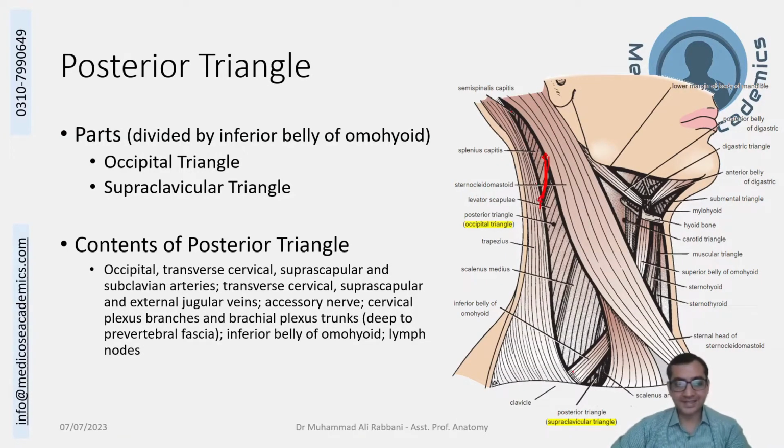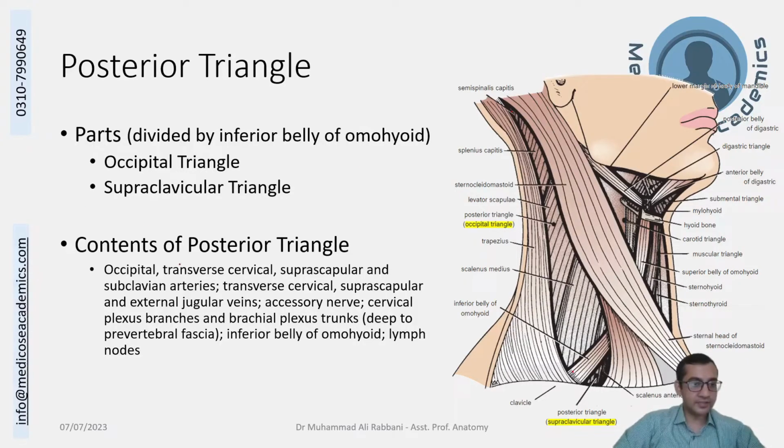That will be the accessory nerve. And of course, in the whole of the posterior triangle, the inferior belly of omohyoid will be one of its contents. Also the deep cervical lymph nodes, the posterior aspect, there will be some nodes on this aspect also. So these are the things that will be present here.